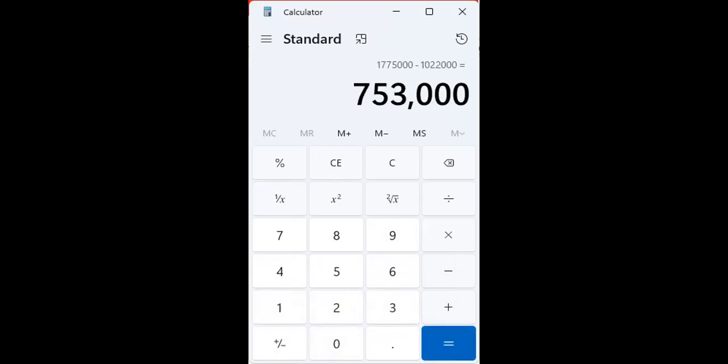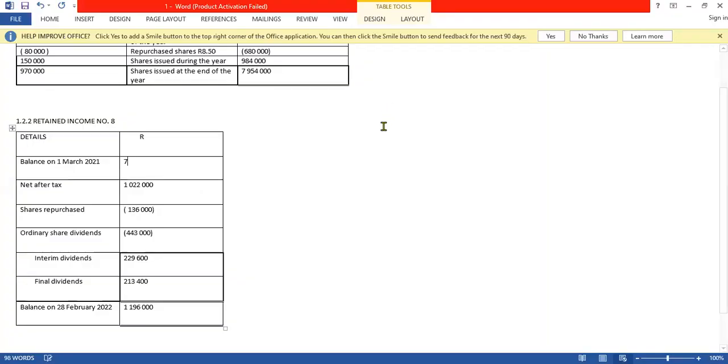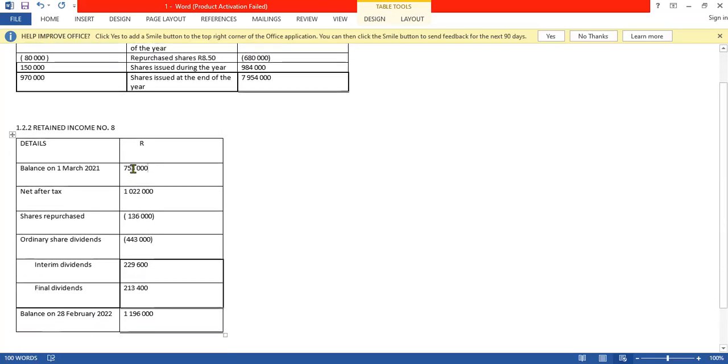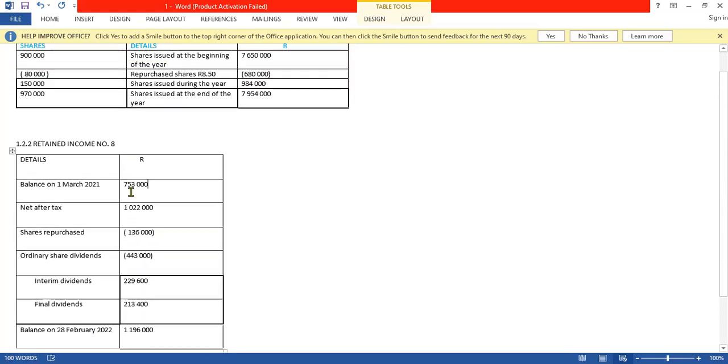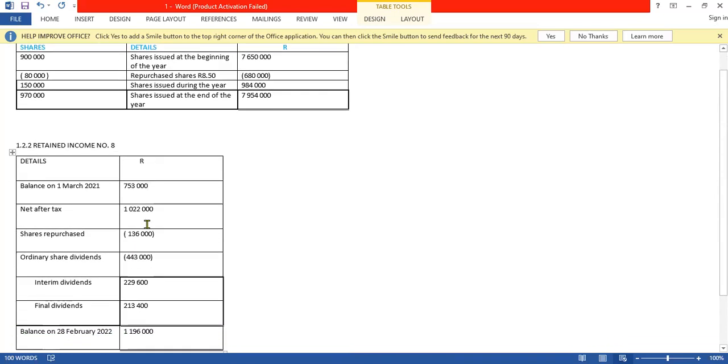So then that gives us 753,000. So meaning 753,000 is our balance at the beginning of the financial year. Right? Simple as that. Now that we have finished calculating our note number 7 and note number 8, everything is just as simple as it is.